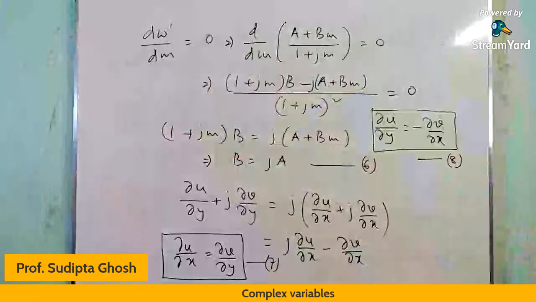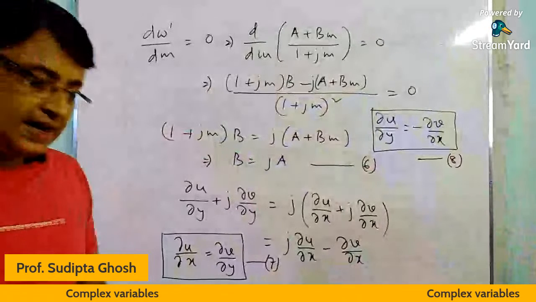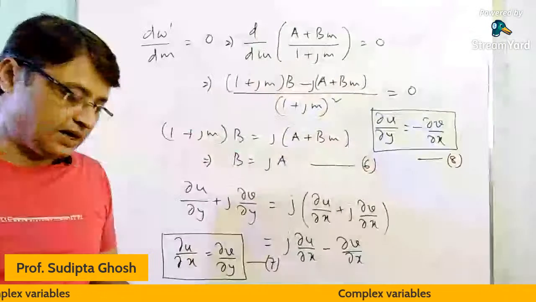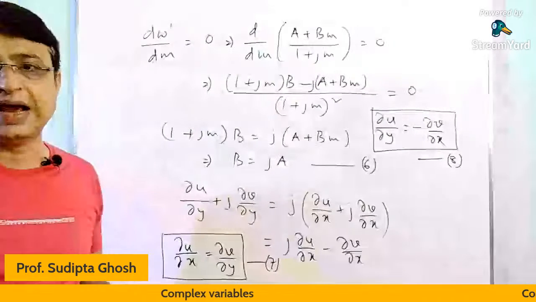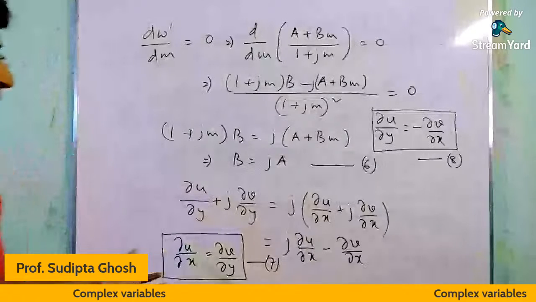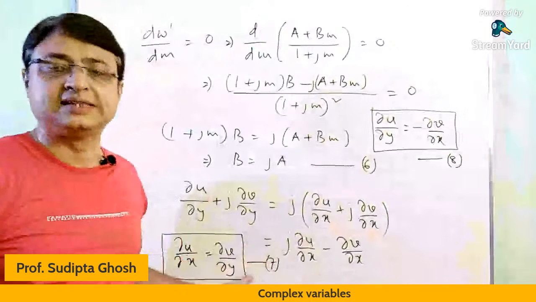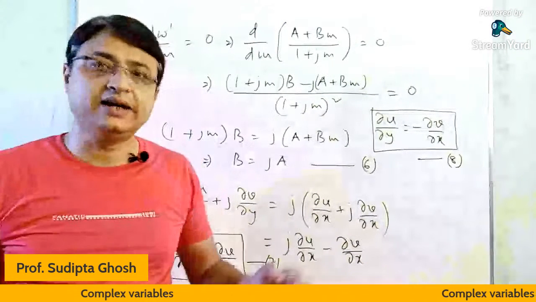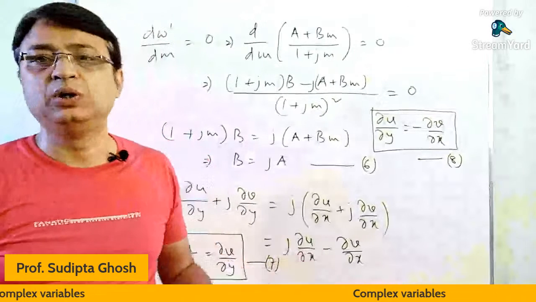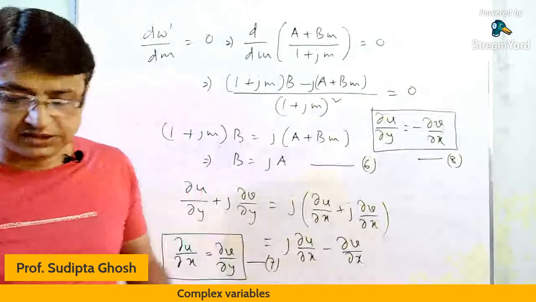So these are the two conditions that the complex function w must satisfy to be analytic. If w holds these two conditions given in equations 7 and 8, then only the function w can be regarded as an analytic function.